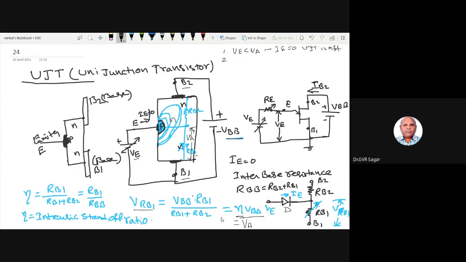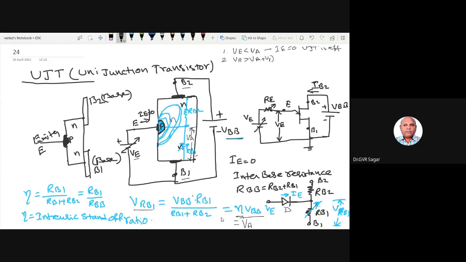Next, the second case. The second situation: if VE is greater than VA. Now I apply the voltage VE, and this VE is greater than VA. Because it is a PN junction, there exists a voltage called the cut-in voltage, right? That is plus V gamma.